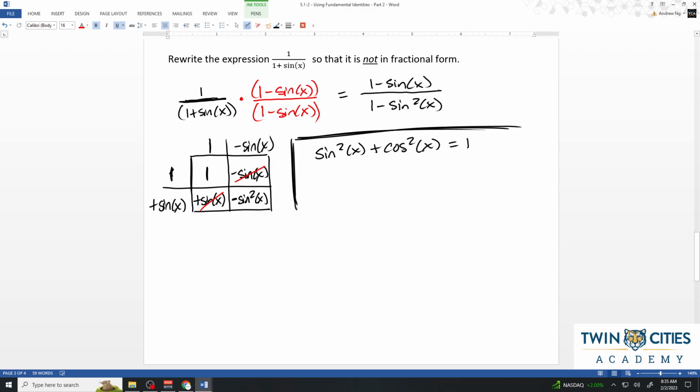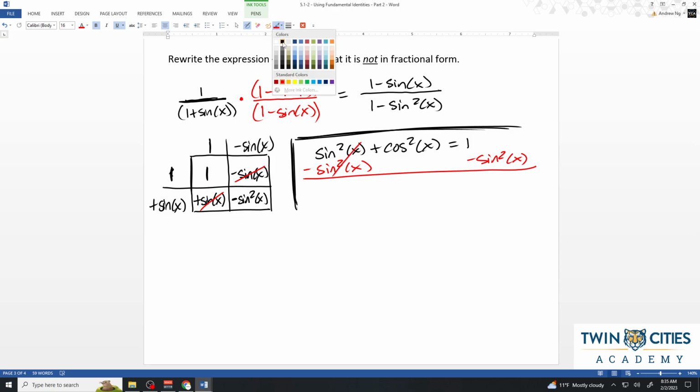Well, if I subtract sine squared from both sides of this Pythagorean identity, let's do that. Subtract sine squared of x from both sides. These subtract out, and I find that cosine squared of x is equal to 1 minus sine squared of x, which is exactly what we have in the denominator here.